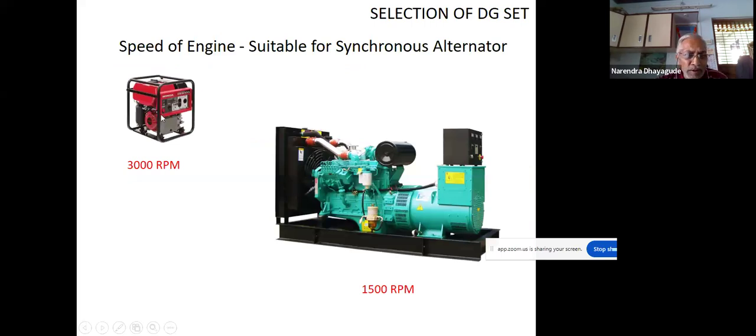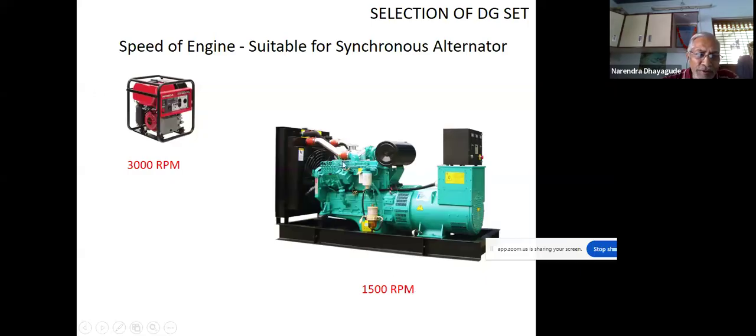Now, in the market, or in the market road, there are these small gensets used in the shops. They have higher RPM, and the large DG sets have 1500 RPM.